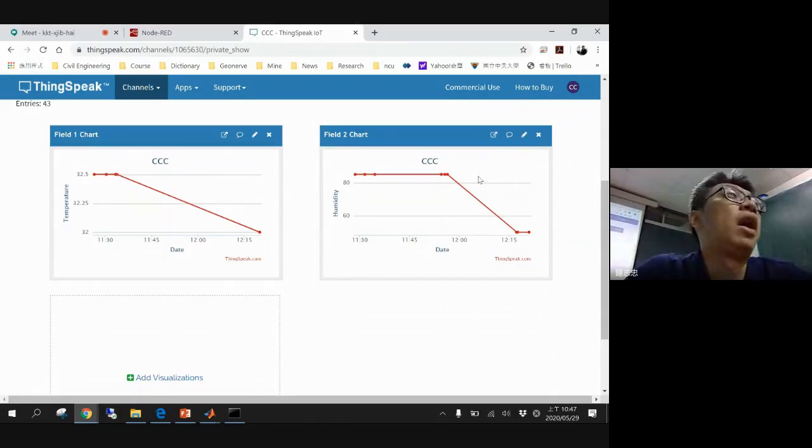Of course, this is one of the options. You can upload the data to ThingSpeak. And maybe you can think about another approach, finding other examples using Node-RED to transport the data to your database. Because ThingSpeak is free, only limited data can be uploaded.